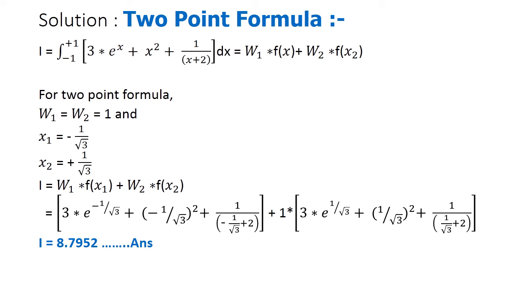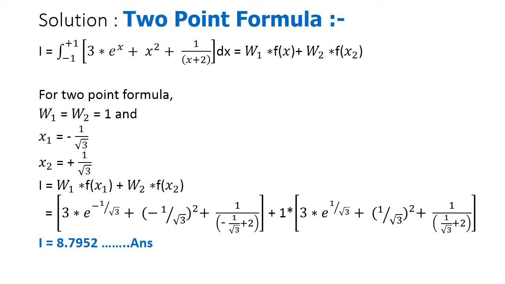So as the title indicates, in case of the 1 point formula, there is only w1 and f of x1, and in case of the 2 point formula, there will be w1 and w2, as well as x1 and x2. For the 2 point formula, we can observe the weighting functions w1 and w2, their value is not 2, rather it is 1.